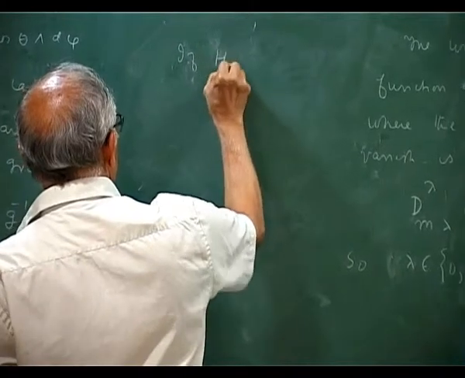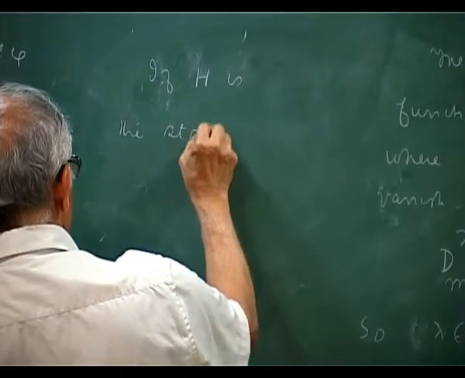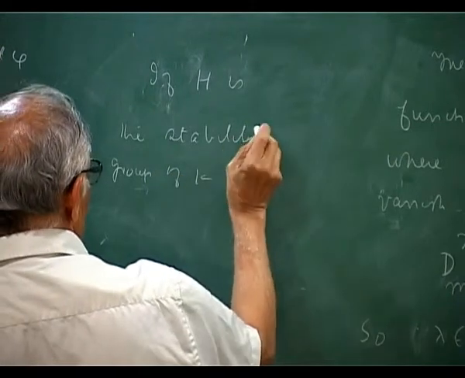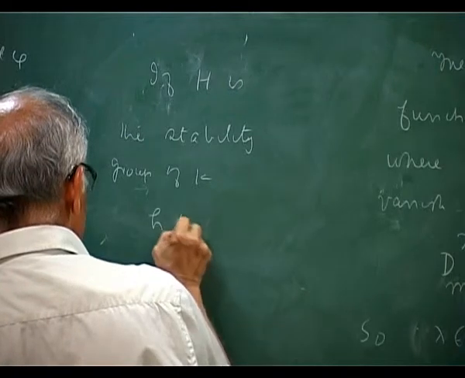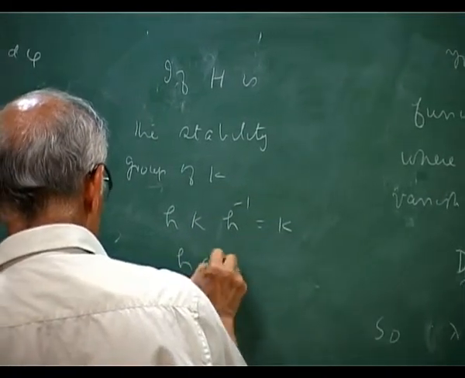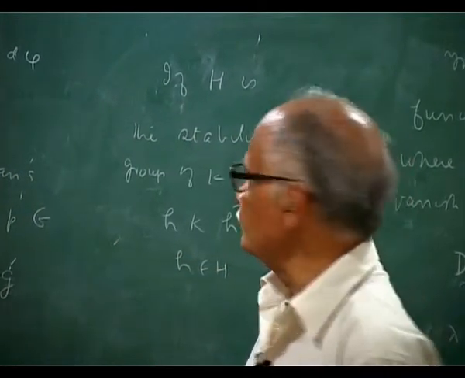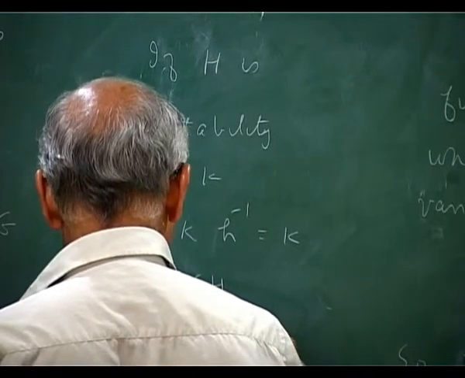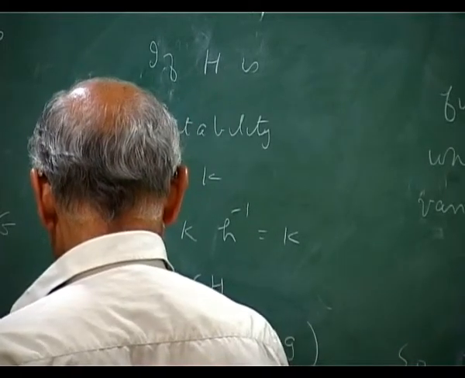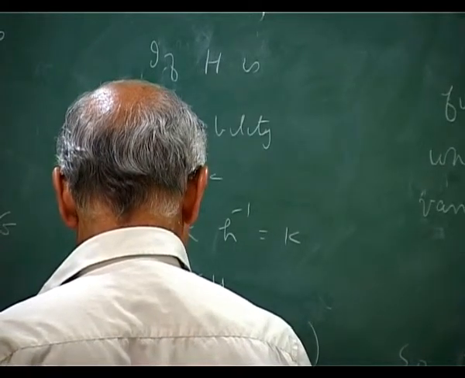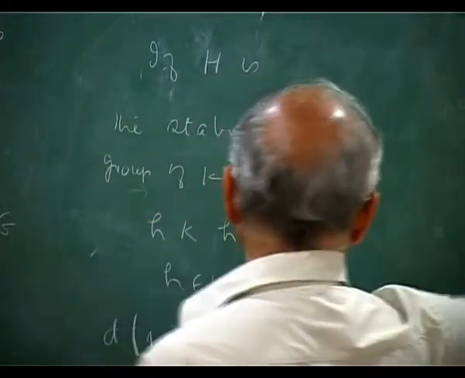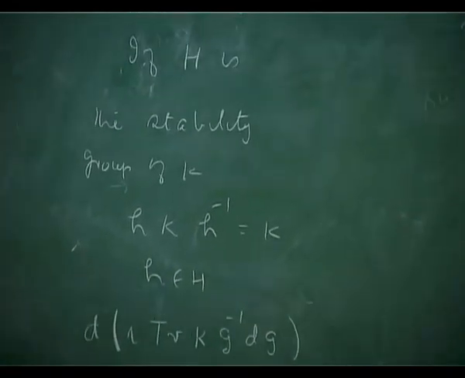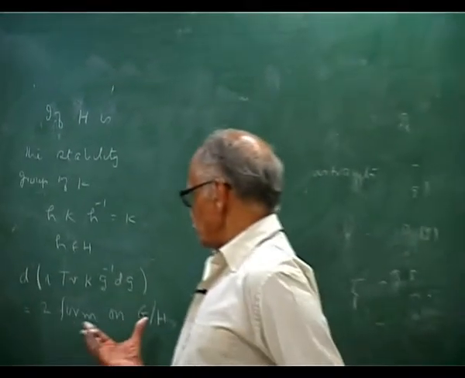If H is a stability group, that is, K h inverse is K, h in H, then d of i trace K g inverse dg, I can prove, not very difficult, is a 2 form on G over H. So all these things, I am somehow resolving a 2 form.